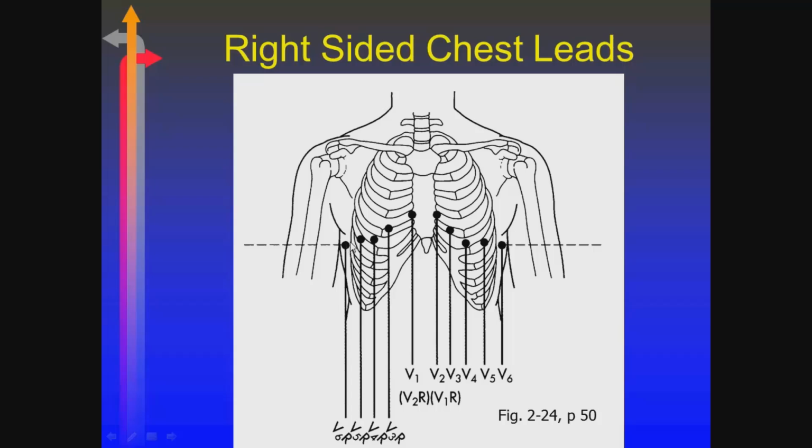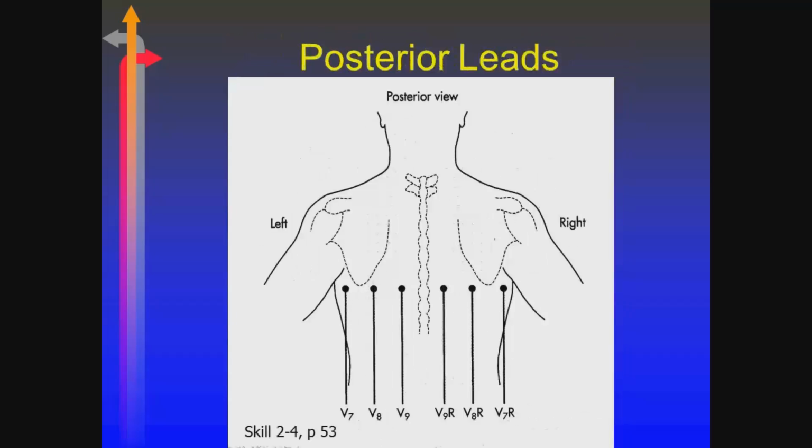And you actually need to physically relabel the ECG as a right-sided ECG. Not only can we do that, we can look at posterior using V7, 8, 9 on the left or on the right, to give us an idea of what's looking on the back side.